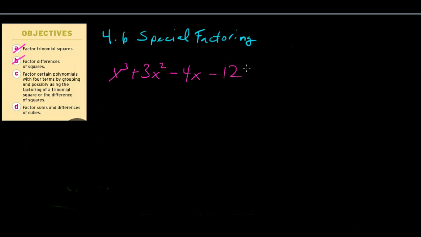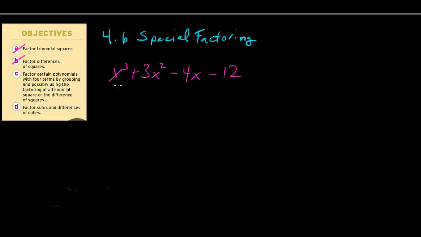And we've done factoring by grouping. I can take this group here and factor it, and then I can take this group here and factor that separately, and then see if they have any common factors that we'll be able to remove.